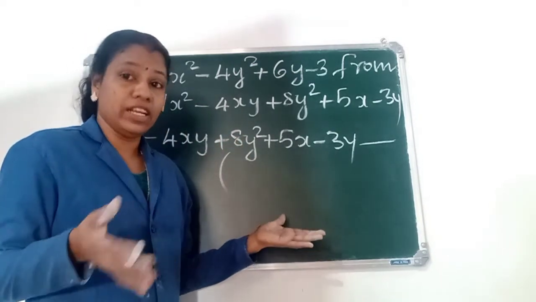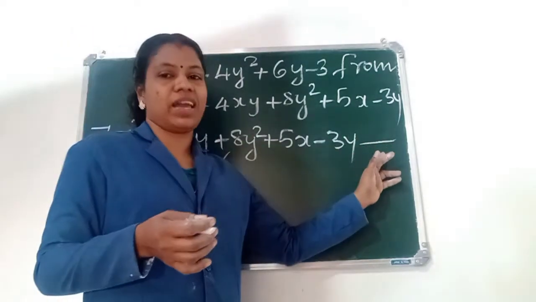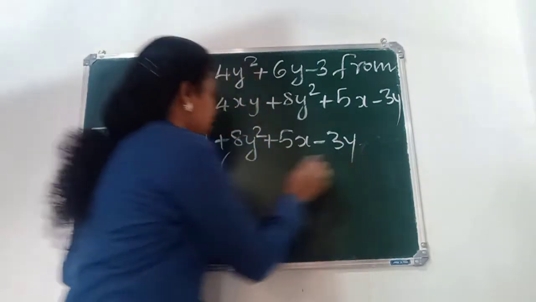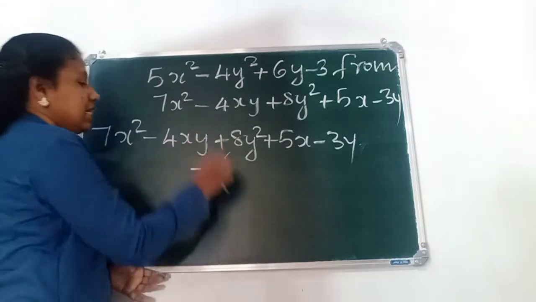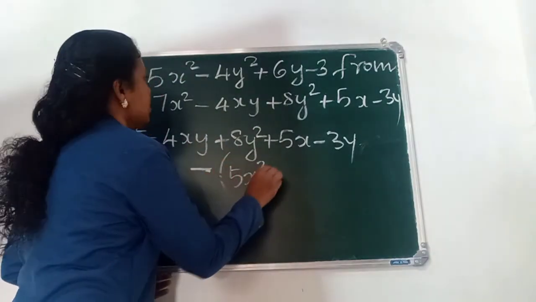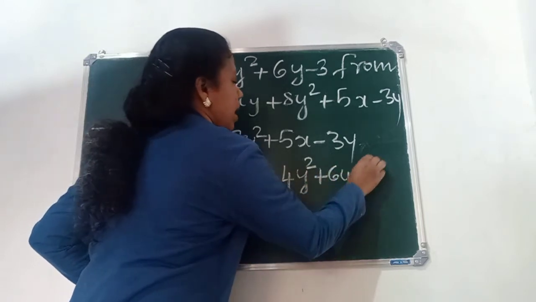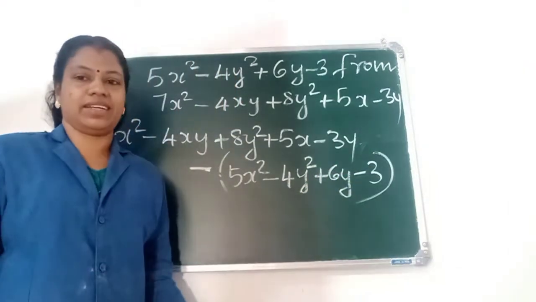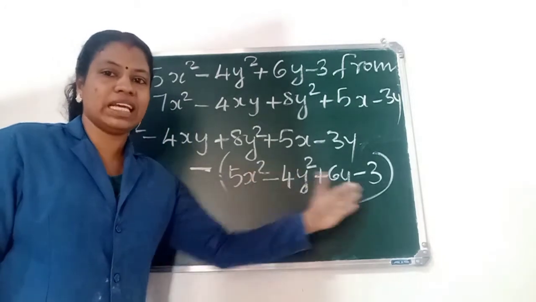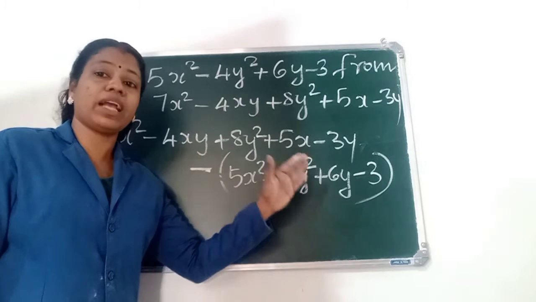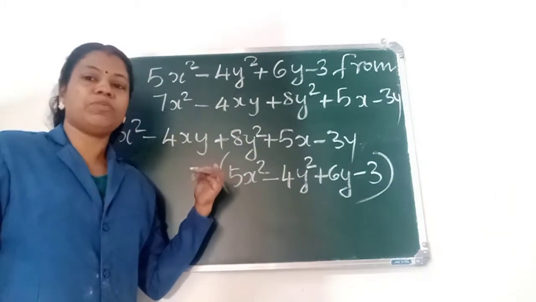Bracket means multiplication. So what is the multiplier here? This minus. Minus, put a bracket, write the second expression as 5x square minus 4y square plus 6y minus 3. Close the bracket. Why do we put this bracket? Because here we have many terms. We need to subtract all these terms from this expression. So you must put a bracket.